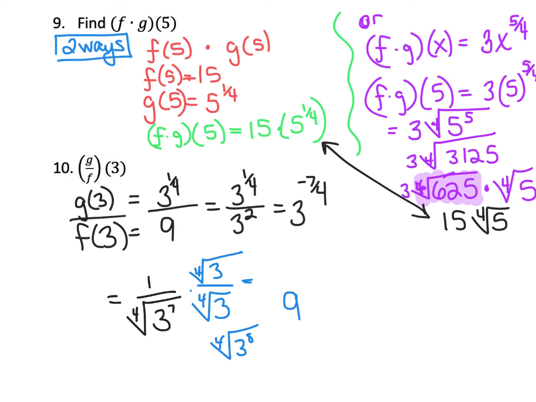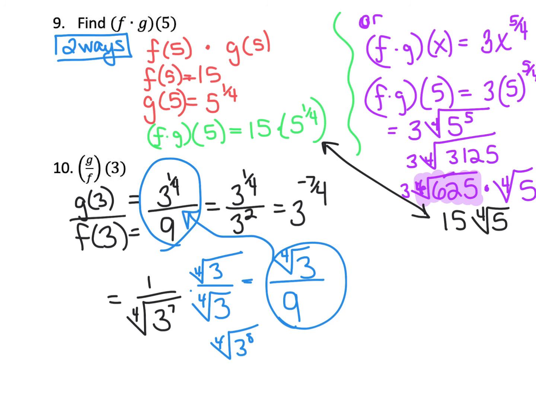So I would have 9 on the bottom, and on the top I have the 4th root of 3, which ironically puts us exactly back where we started. So I probably could have just left it like this, but I didn't recognize that at first, that was okay. And this is the beauty of math. I tried to simplify it, and when I did, I created this issue with the radical in the denominator. Rationalizing the denominator gave me what I started with.